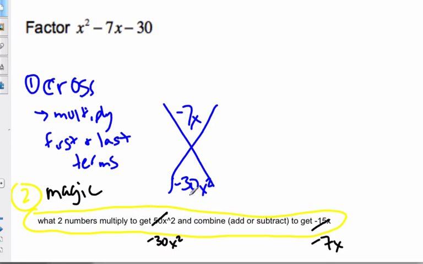Well, thinking multiplying first, 5 and 6 multiply to get 30, but I can't add or subtract those to get negative 7. But I could do 3 and 10. If I think about my positives and negatives, I have to multiply to get negative 30 and add to get negative 7. That means this one is negative, this one is positive.